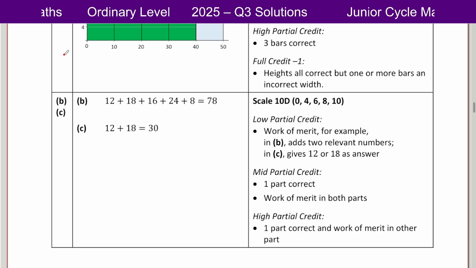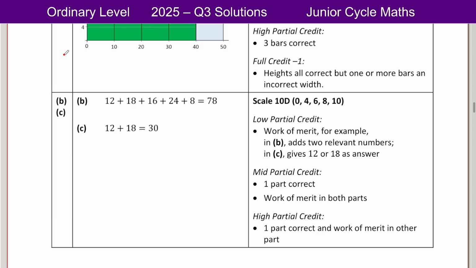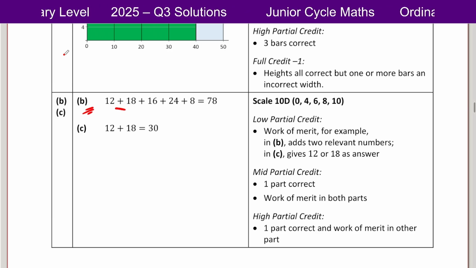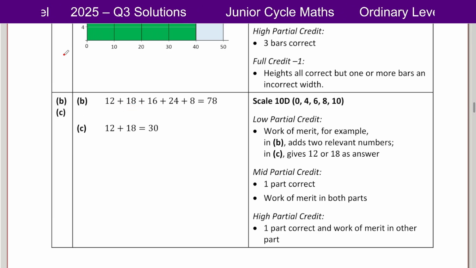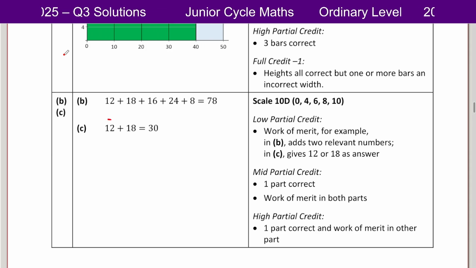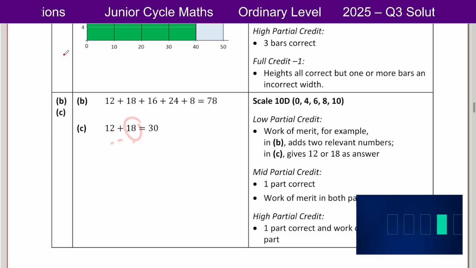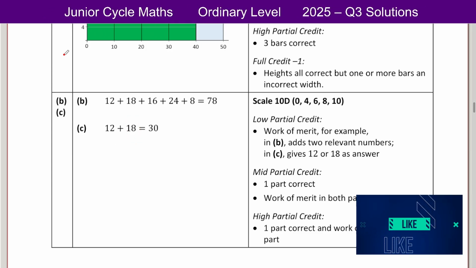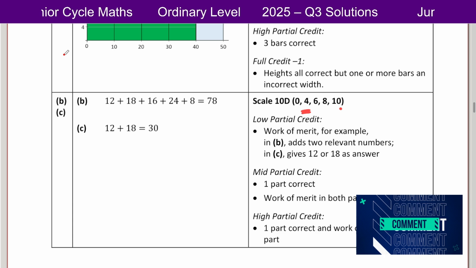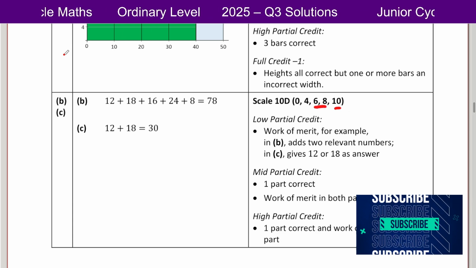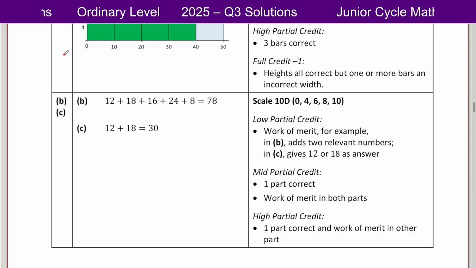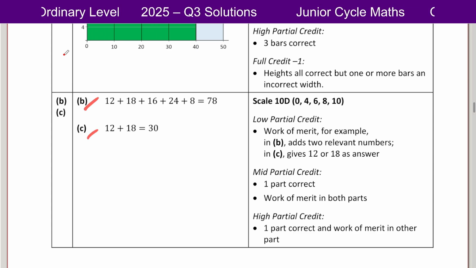For example, in B we add only 2 numbers correctly, or in C we show only either 12 or 18, not both of them, which is wrong. So we get 4 out of 10, and we get 6 out of 10 if we have one part correct, either B or C.